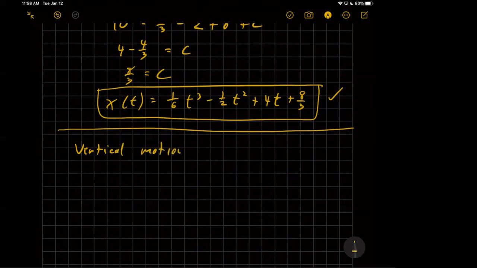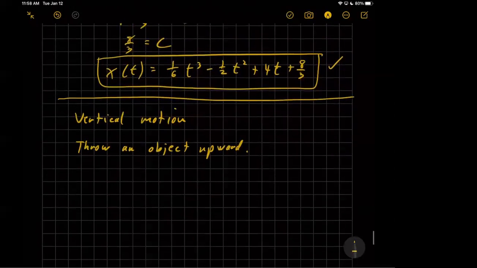So if we throw an object upward, there will be some y value, a starting y0. I'm going to just call that y0. At time 0 in physics, we call that y0, or y naught.